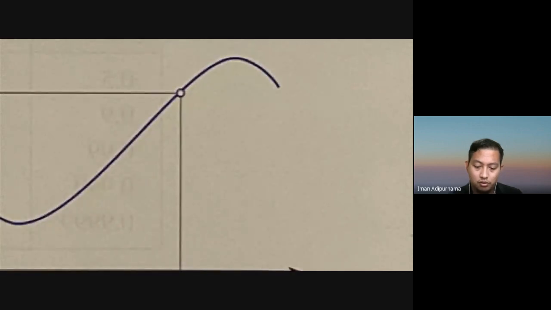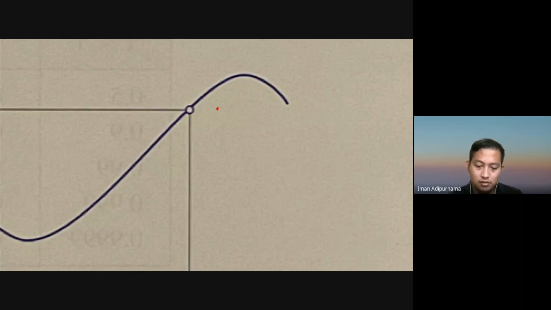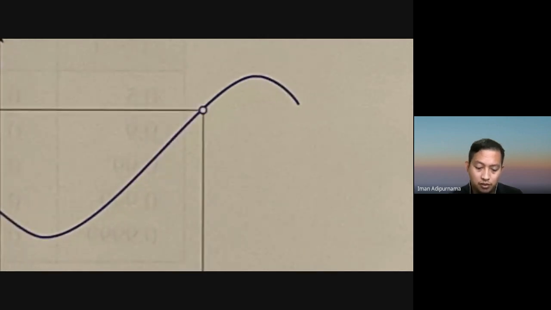Let me make it smaller. Yeah, maybe a dot like this. If you are in a pixel, maybe it's just 1 pixel. But to see whether it's a discontinuity in this graph, some textbooks mention you need to make it like an open hole.